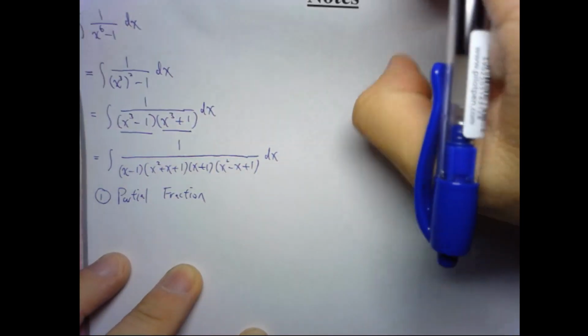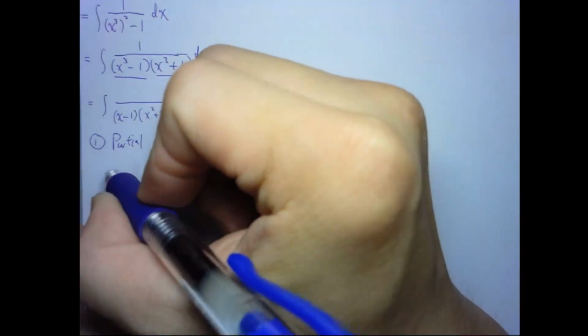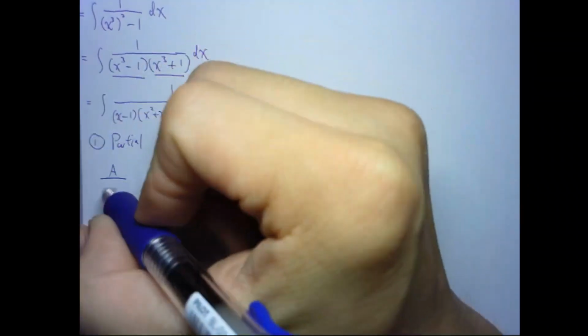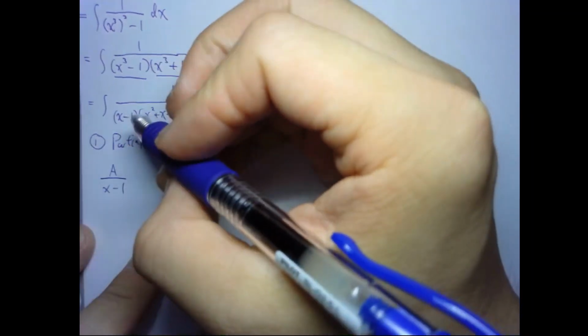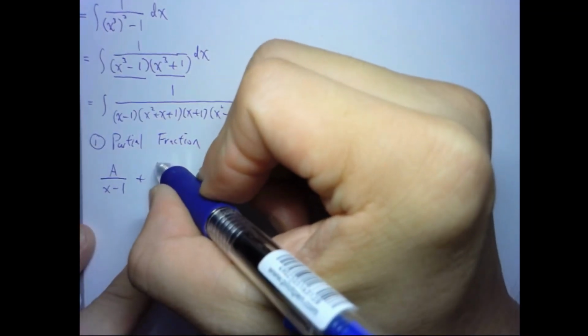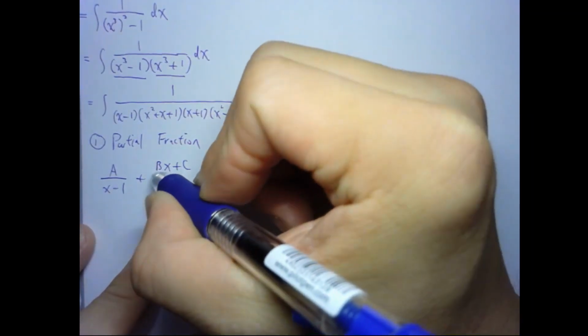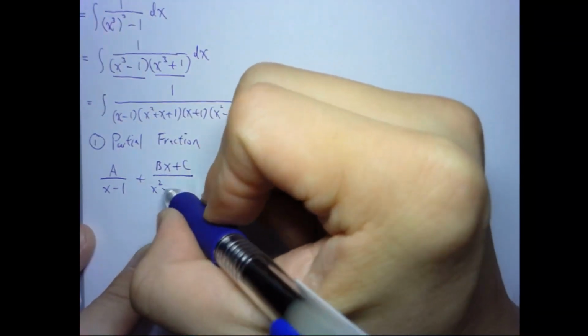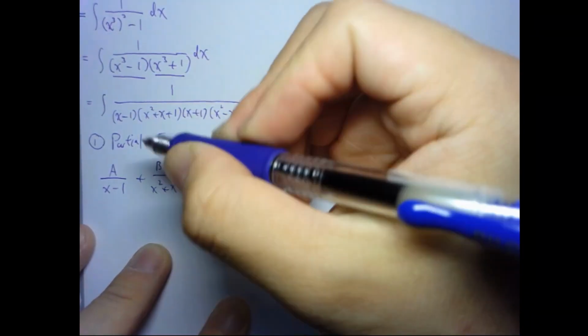And to do the partial fraction, let's write down each term. A over x minus 1 plus (bx plus c) over (x squared plus x plus 1).